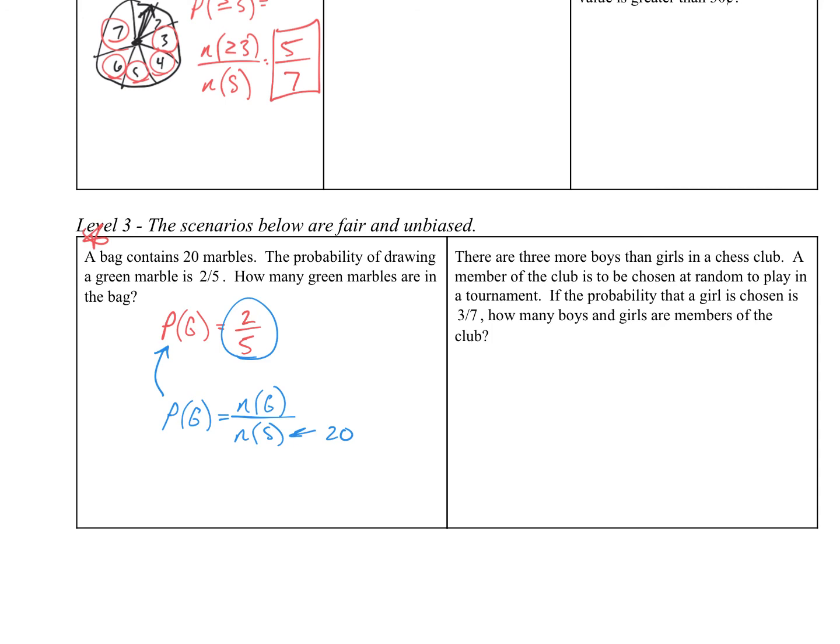So then the question is, how many green marbles are in the bag? So really what we'd like to know is that. Well, I know two things. I know that the probability of pulling a green marble is equal to that. And I know that the probability of pulling a green marble is equal to this.